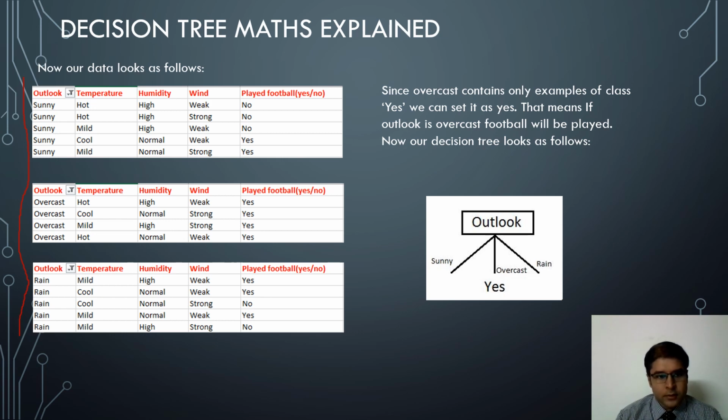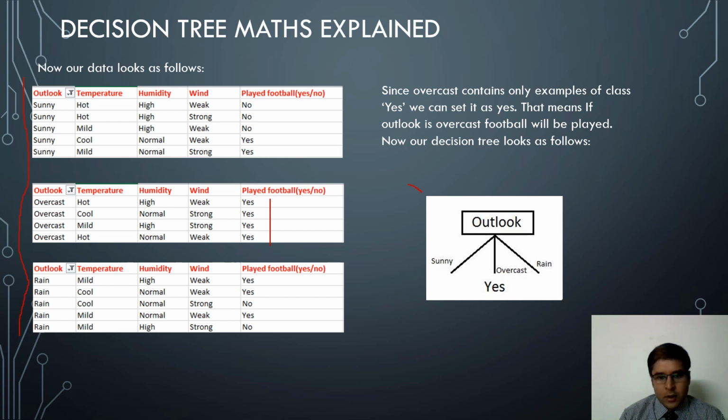Since overcast has only yes here, it can be deduced that if our Outlook is overcast, we can play football. So that means if Outlook is overcast, football will be played, and our decision tree looks like this here.